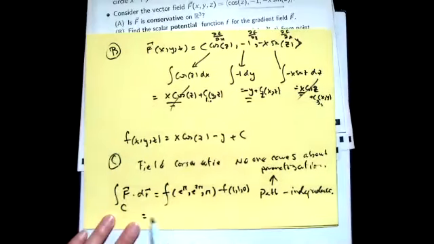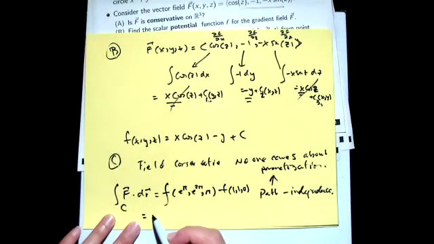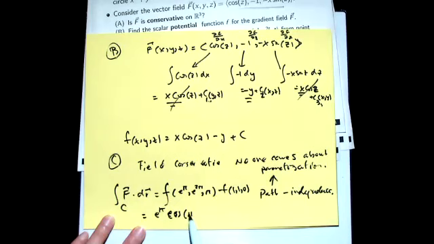See, it would have been a huge mess if you parameterized it. And the integration would have been too difficult. Now here it's just e to the pi cosine of pi minus e to the 1 cosine of 0.